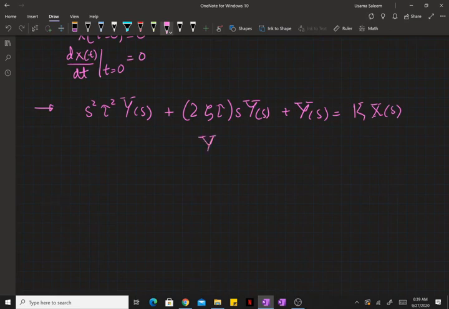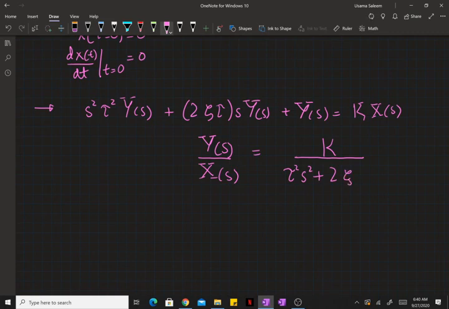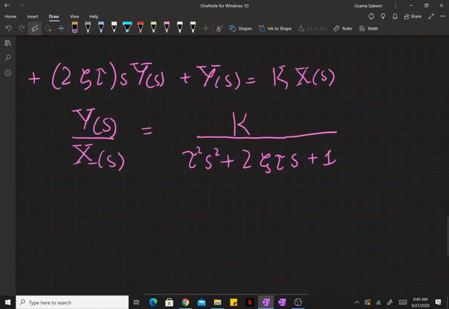So once you rearrange this by factoring out y of s, and if I skip the steps for the algebra, you'll be left with the following expression: y of s over x of s on the left hand side and k over tau squared s squared plus 2 eta tau s plus 1 on the right hand side. And this is the transfer function for a second order linear model.